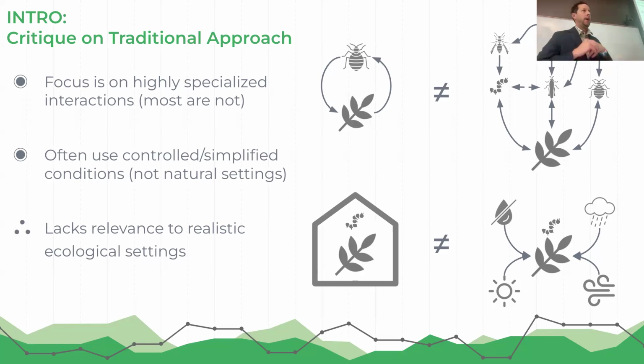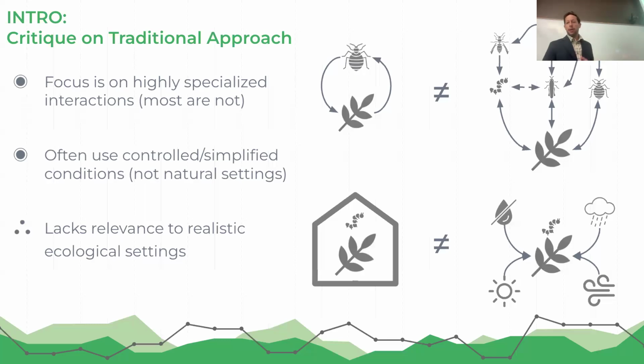While that may be true and relevant for that particular system, we think that many or most interactions between plants and herbivores are not that specialized. Many herbivores are generalists, whether they can consume plant material from species within a family or across multiple families. And so focusing on highly specialized interactions may lose some of the context of what we think is going on in natural settings.